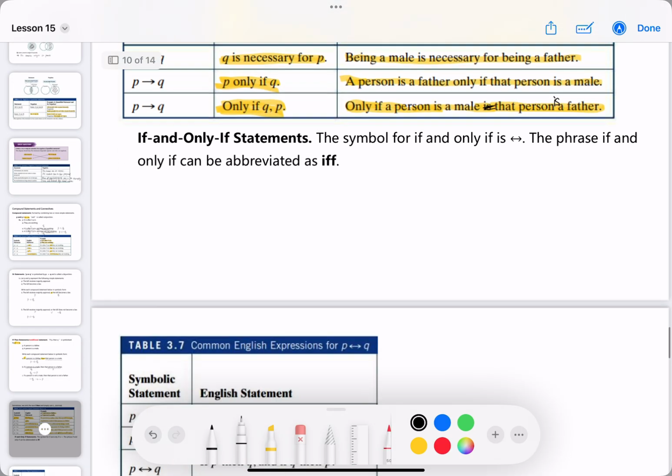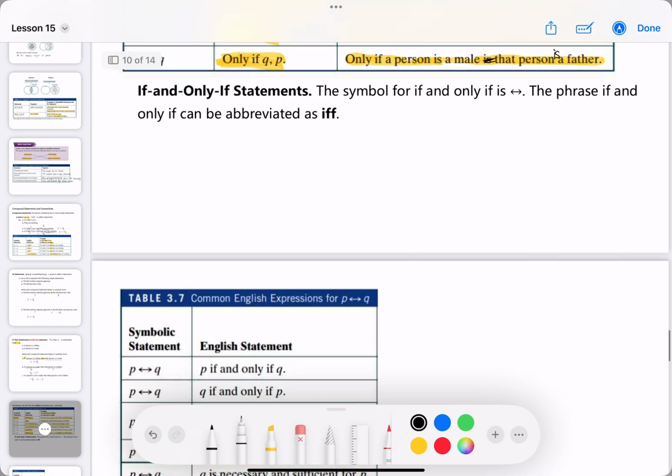All right, next part we are learning the if and only if statement. The symbol is here. This means if and only if. The phrase if and only if can be abbreviated as IFF.